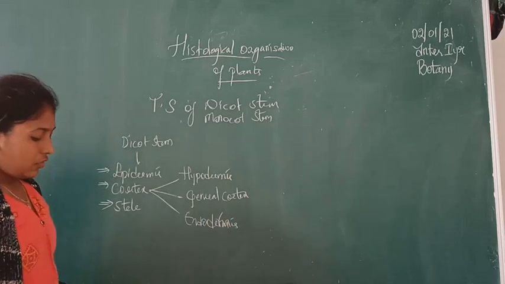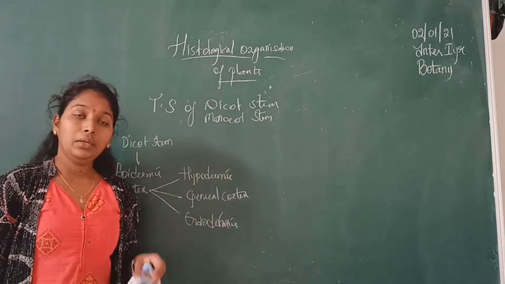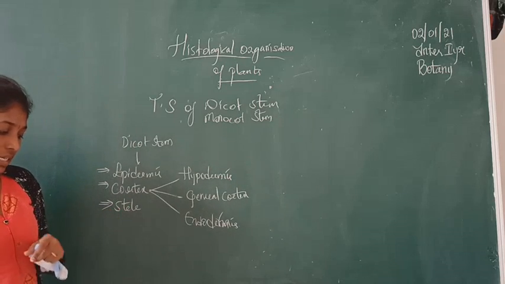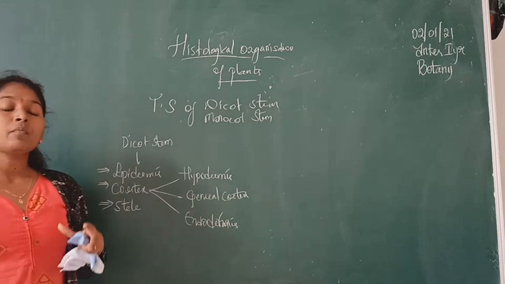The hypodermis is made up of 3 to 5 layers of collenchyma cells, which provide mechanical strength, that is flexibility and rigidity.